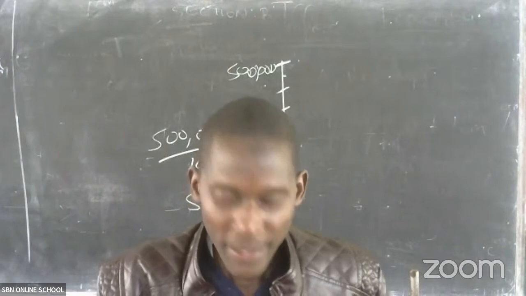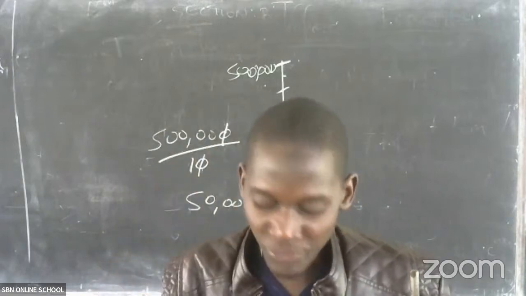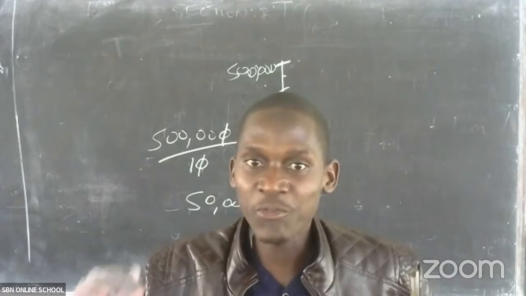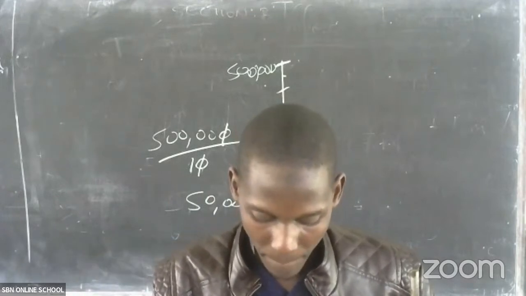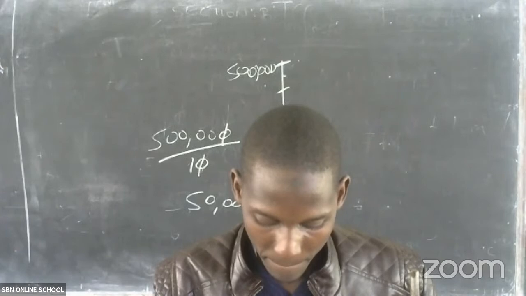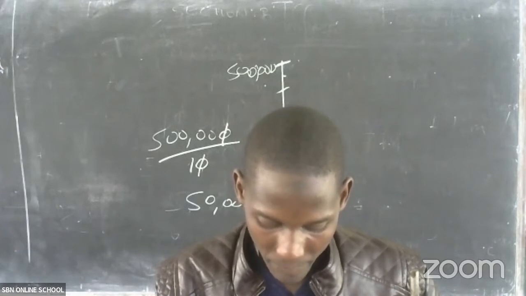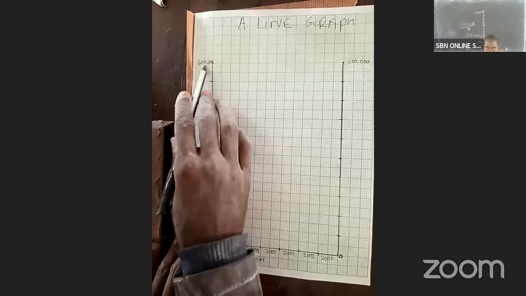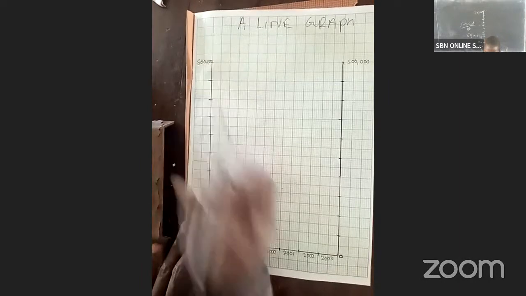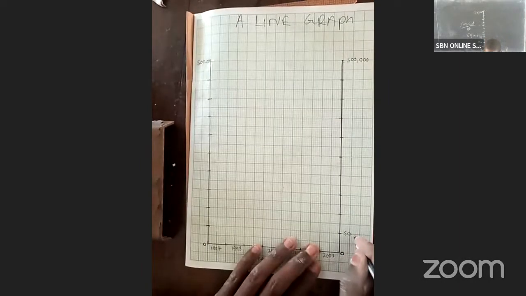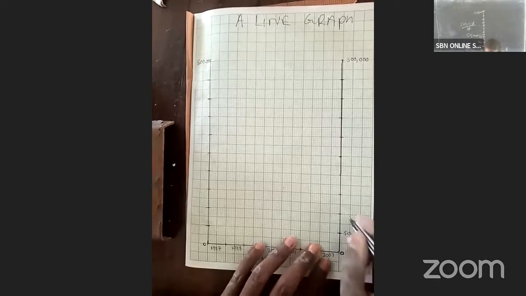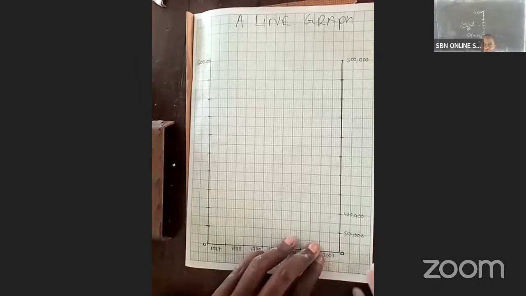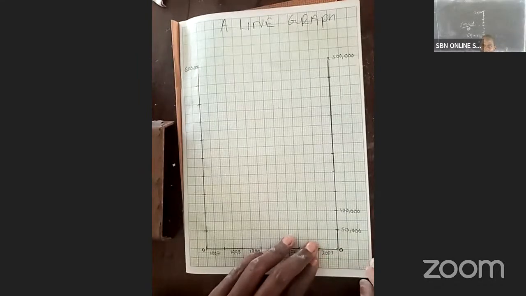No. That number you have got, after 0, you go on adding, let me show you. Go on adding. Remember, we have divided this number by 10, and the answer we have got is 50,000. Then you go on, 50,000, you add another 50,000. When I give you 50,000, then I add another 50,000, what do you get? 100,000.